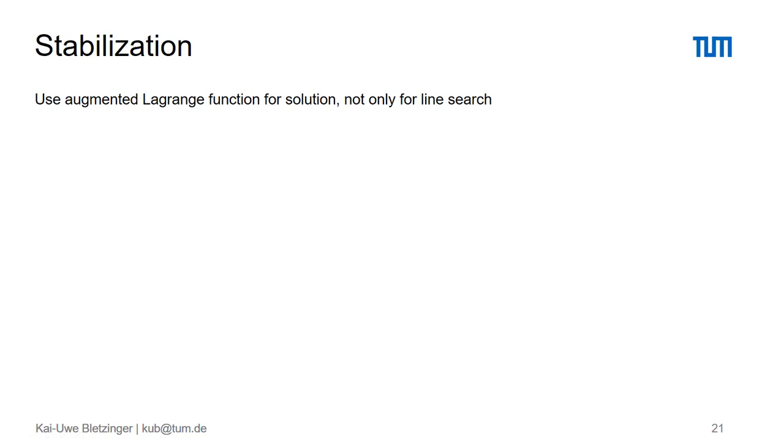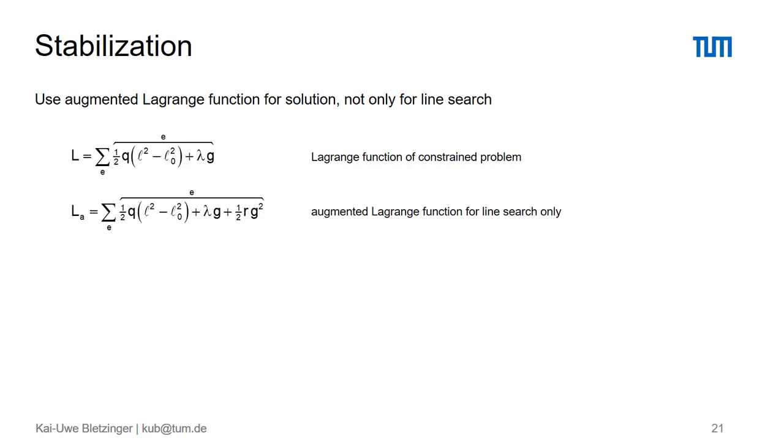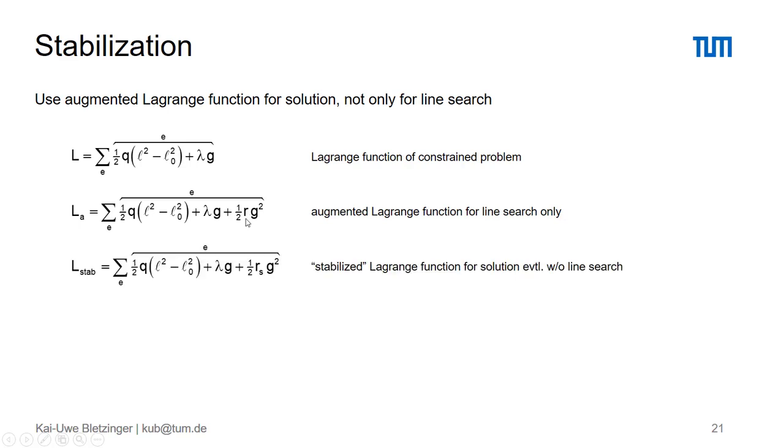Stabilization is when we use this augmented Lagrange function not only for the line search but also for the standard solution. Again, remember that is the Lagrange function of the constraint problem. That is the augmented Lagrange function which we use for line search with the penalty parameter, and the structure is identical, but nevertheless we use for the stabilization another parameter, different from the parameter for the line search.